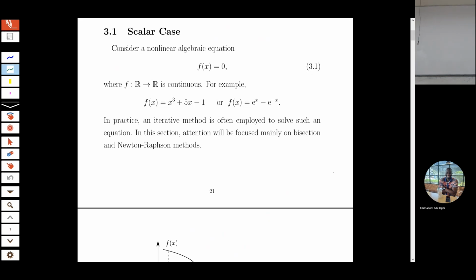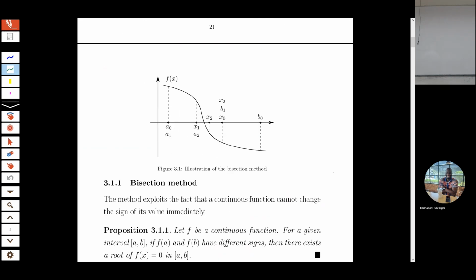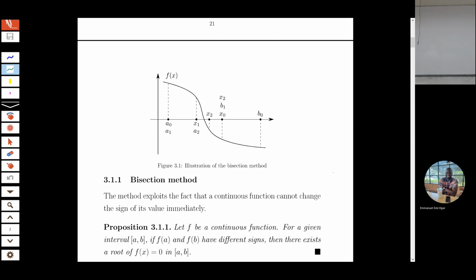When f is continuous, the values of the function cannot change abruptly, and we already know this. Then the idea of bisection is very simple. Let's look at figure 3.1 to illustrate the idea of the bisection method.